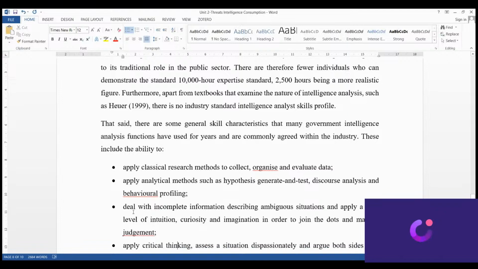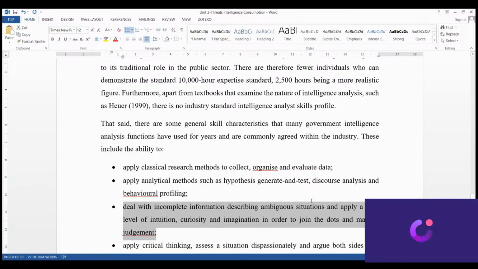So, the other aspect is to deal with incomplete information, describe ambiguous situations, and apply a high level of intuition, curiosity, and imagination in order to join the dots and make a judgment. This is another skill that the intelligent personnel needs.